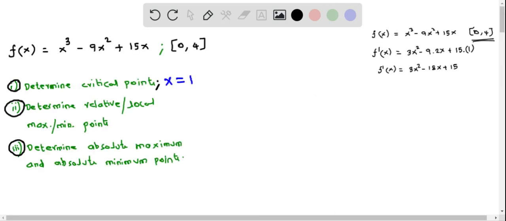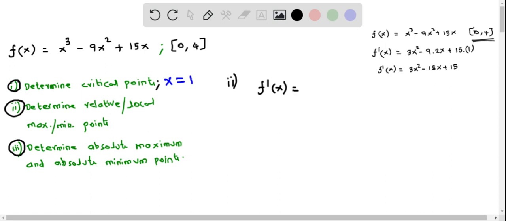We will now do the second step, that is we have to determine the relative or local maximum or minimum points. For this, we have to create the sign chart for f prime of x, that is the first derivative, at the critical point x equal to 1. First, I'm going to rewrite the f prime of x in factored form.